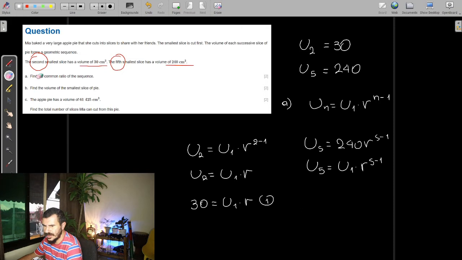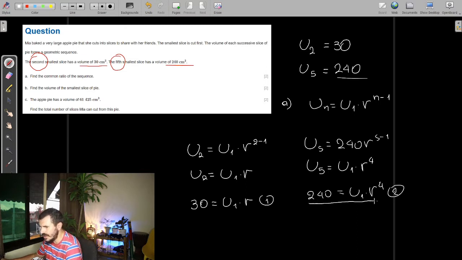I forgot that here. So this is 4. But how much is U5? 240 is U1 times r to the power of 4. This is my second equation.